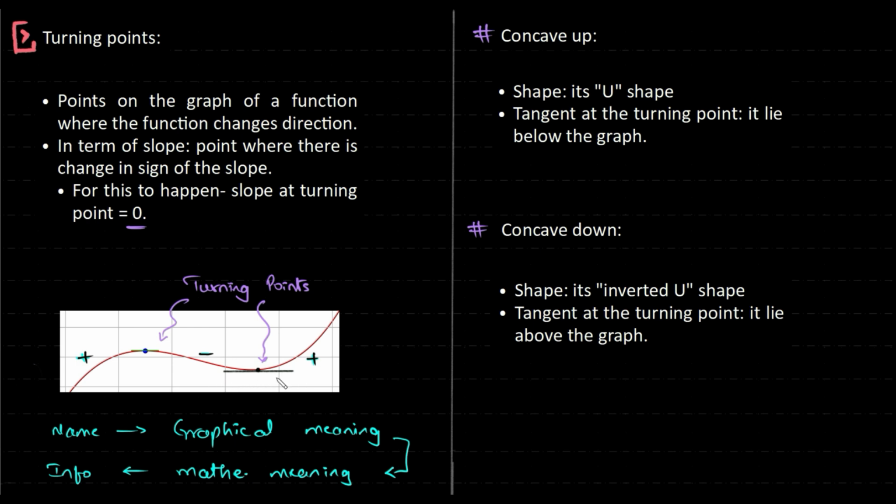For concave down, the tangent at the turning point is above the graph, right? So this is below the graph and that's above the graph, and this is an example of concave up, and this is an example of concave down. Agree? Makes sense?